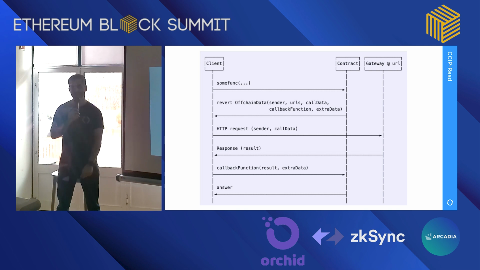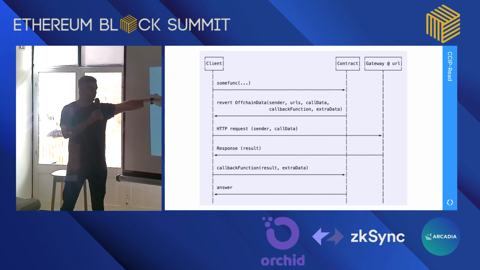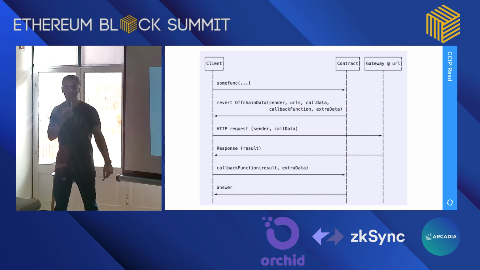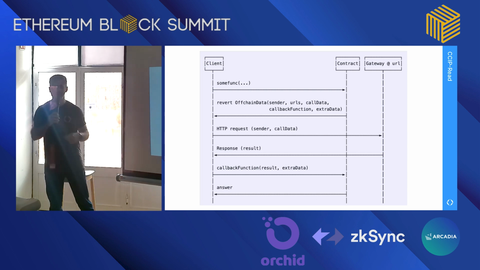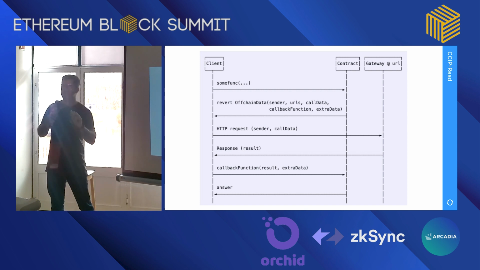And the contract checks and says, no, I don't have it, but I know where it is. And instead of reverting with a not found error, it reverts with a custom error called OffchainLookup. And this error has all the information about where the data is, basically.